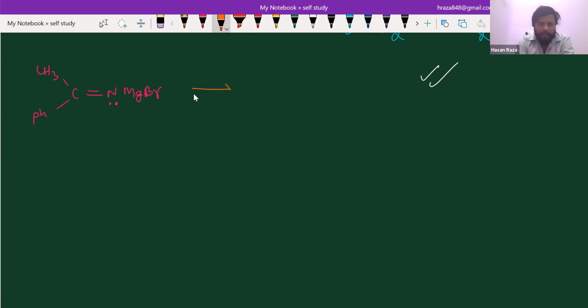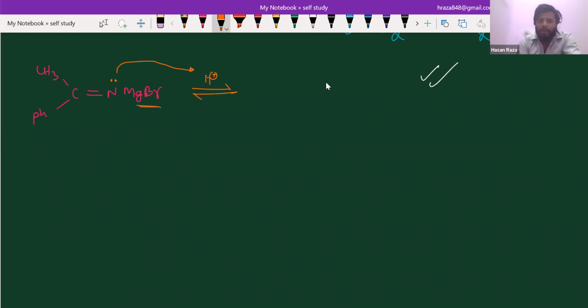So there will be H3O plus, that means H plus. This H plus is an electrophile, and this nitrogen is a nucleophile, that means an electron rich species. So it will attack this part.